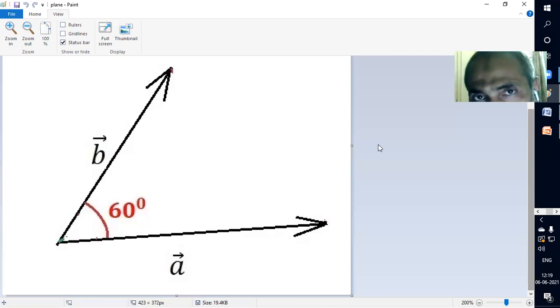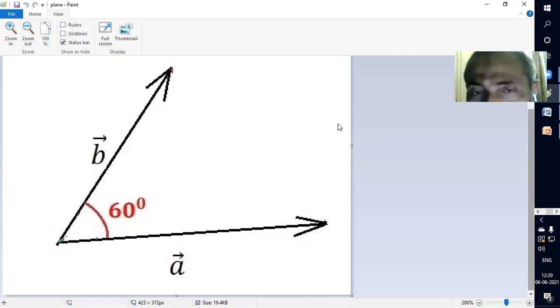For example, you can shift the arrow to any location on the screen, but you're not permitted to alter the length of the arrow. You're not permitted to tilt the direction of the arrow. Now, under this situation, let us see how we can change the location of the vector B.